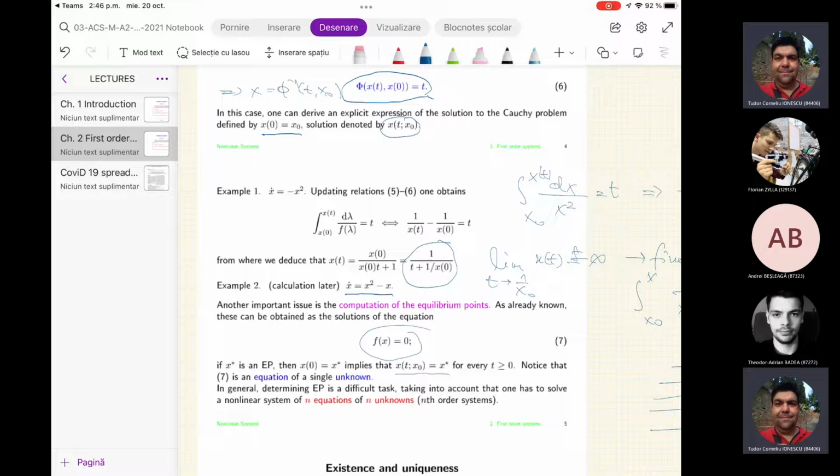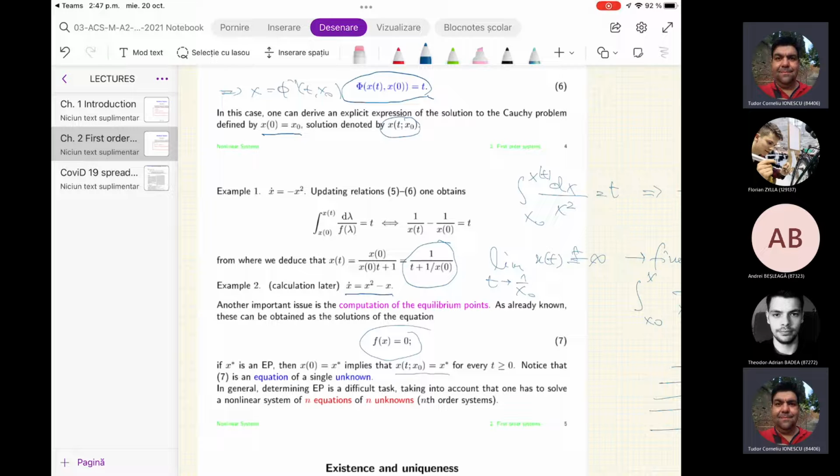Notice that this equation is a single unknown equation, so this is easy to solve in general. However, when x is a vector, this equation becomes a system of nonlinear algebraic equations. Sometimes this is easy to solve. Most of the times this is difficult to solve.